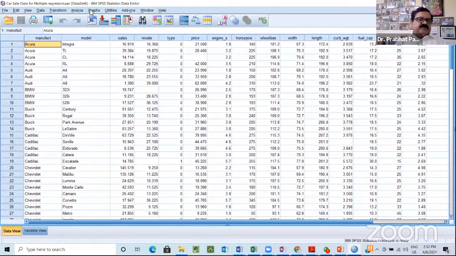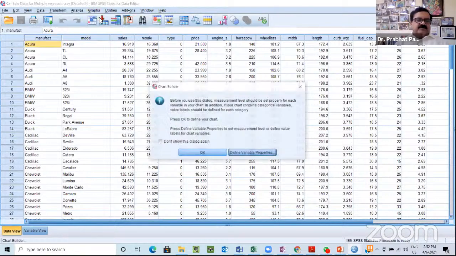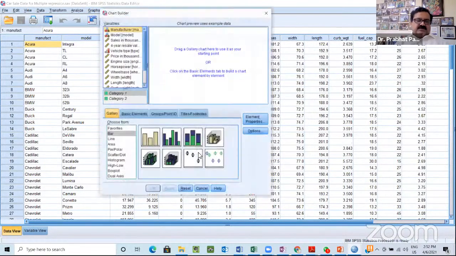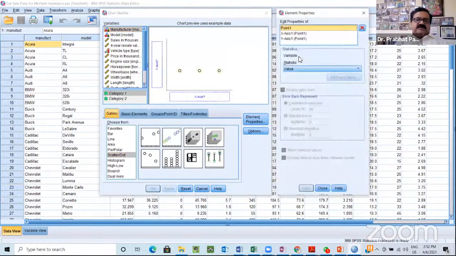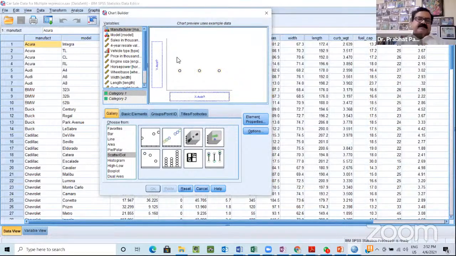And in order to give you an idea about this car market, how it looks like, let's go to the plotting of the whole data. And here we are going to take two variables. So one, let's take sales on the one axis, and we are interested in modeling the sales. And there are many factors which are going to affect the sale. The price is one of the factors.